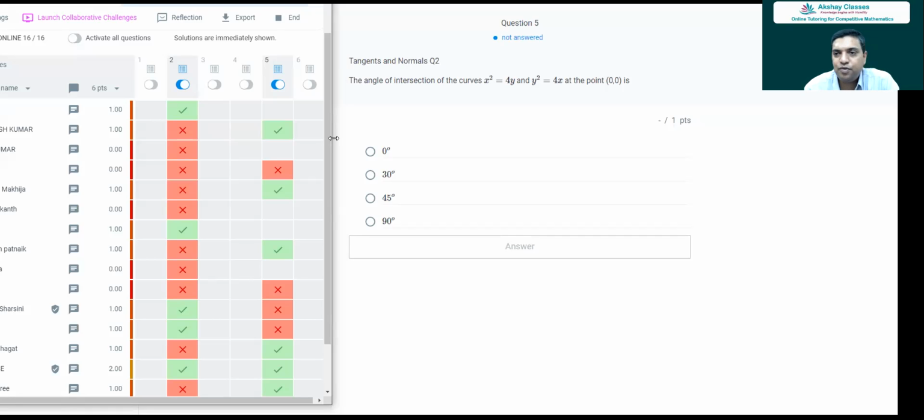Meaning, if you don't have to apply derivatives, apply just common sense logic, you will get the answer. I'll wait another half a minute.